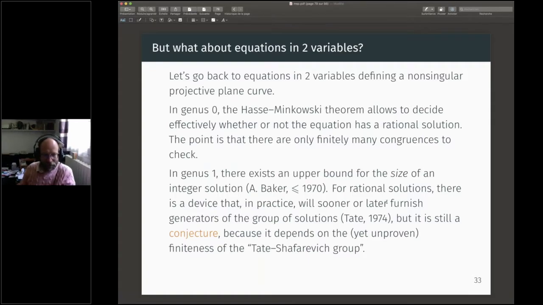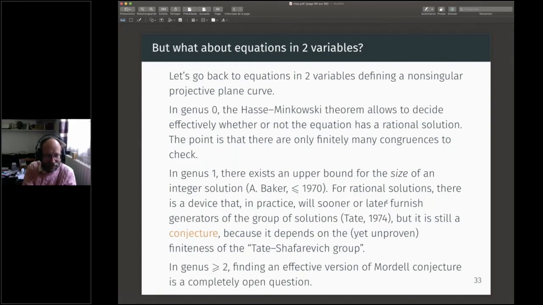But it's still a conjecture, because what is known is that this device works if some complicated object, called the Tate-Shafarevich group, is finite, and if this group were not finite, then there would be no method.